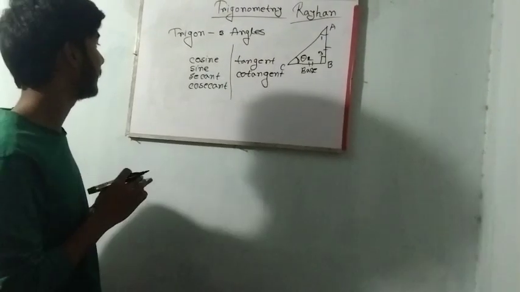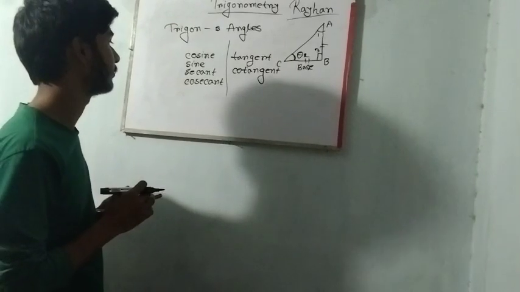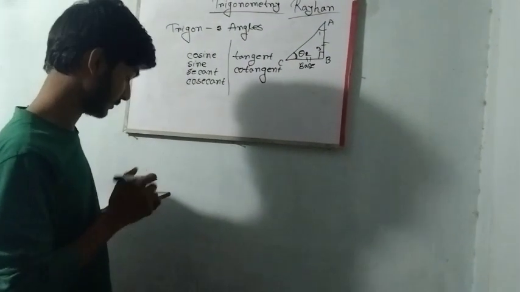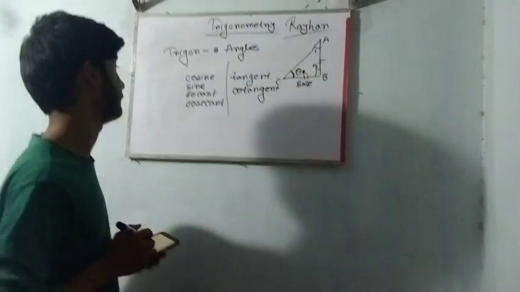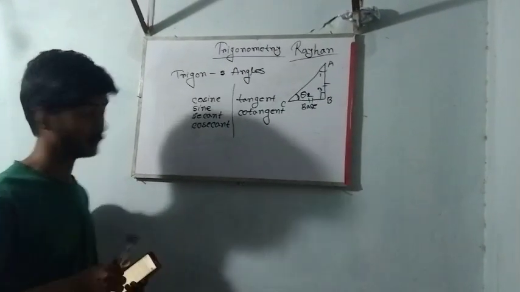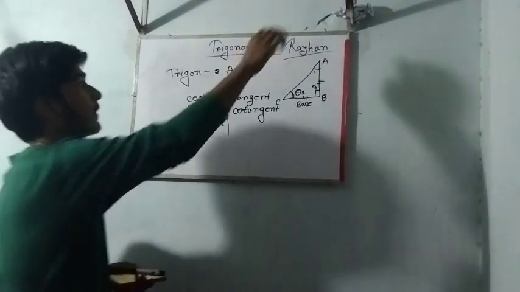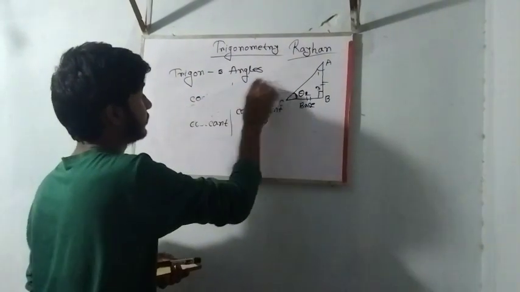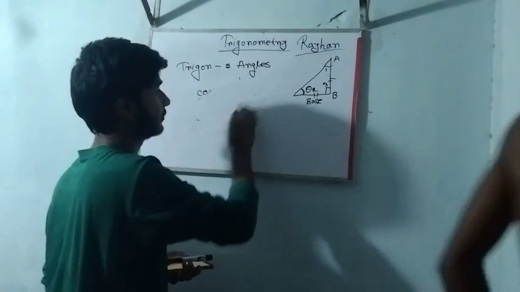So we have to know what is cosine, sine, secant, cosecant, tangent and cotangent. Now we will talk about the 6 ratios. First we will talk about sine.